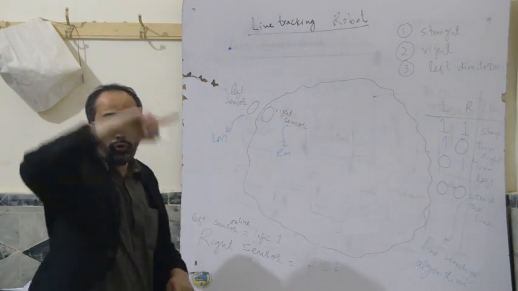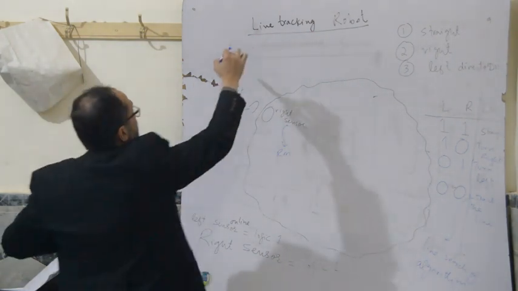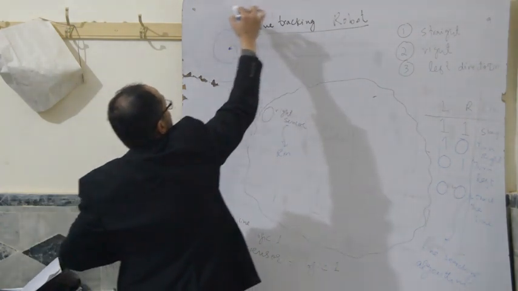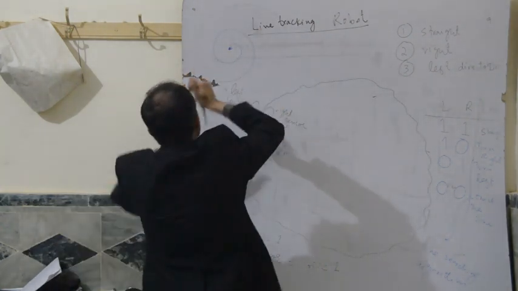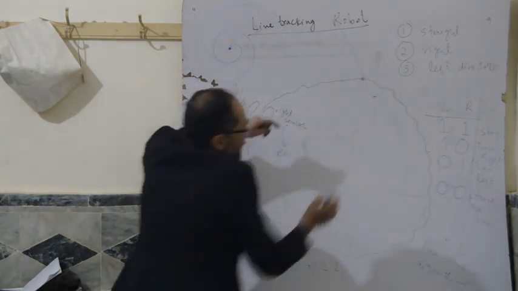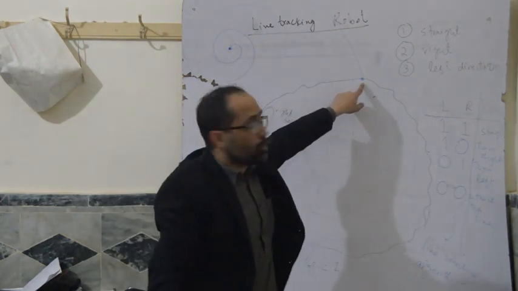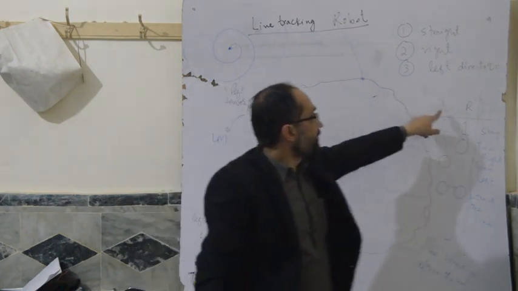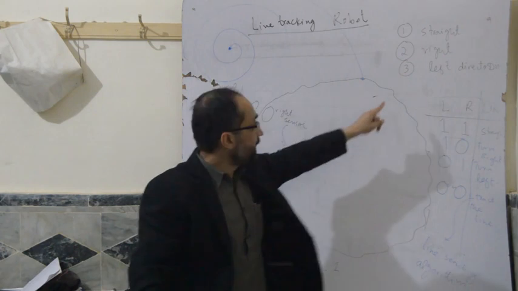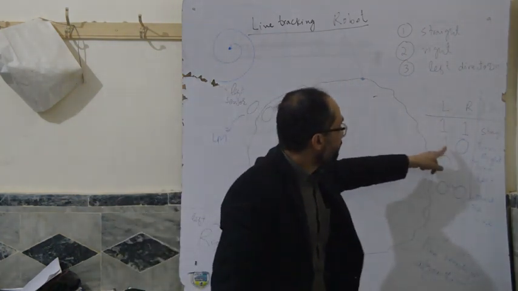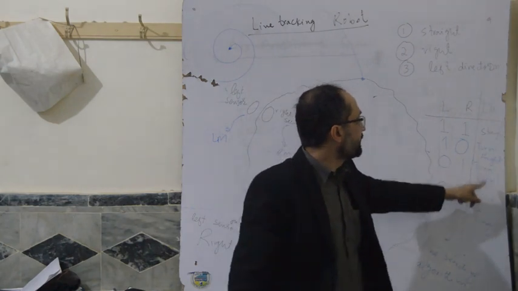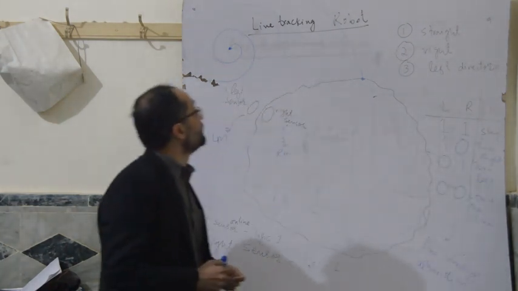We can move the robot in a spiral mode so that it finds the line, and when it finds the line, either the left sensor or the right sensor will detect the line and it will move accordingly. If the value is 0, 1, it will turn right. If it is 1, 0, it will turn left. If both are on the line, it will move straight.